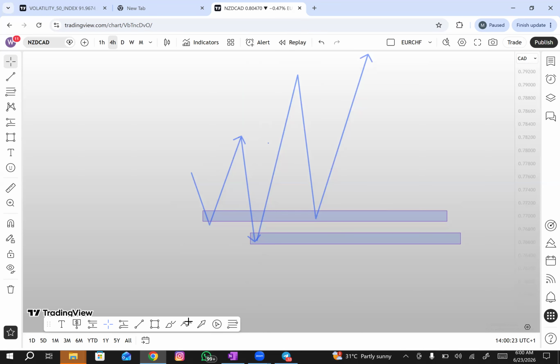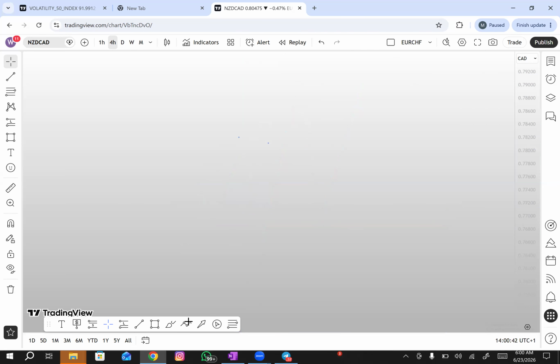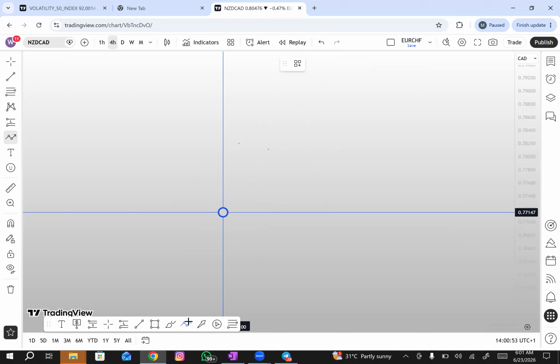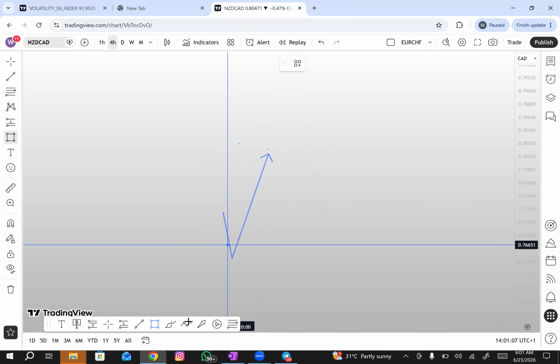So let me show you a live example. But before that, I need you to understand this. So I'll go over it again. We said an order block is the last bullish or bearish candle before a significant move, right? So this is basic market structure, right? In this basic market structure, obviously the last bearish candle before this bullish move is around here.